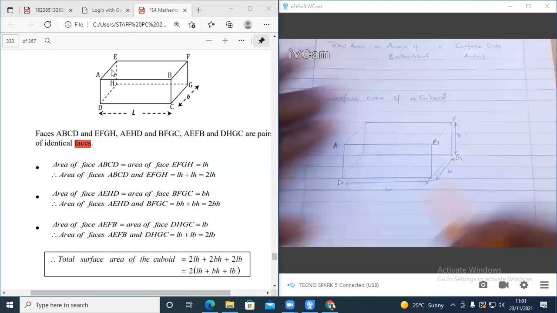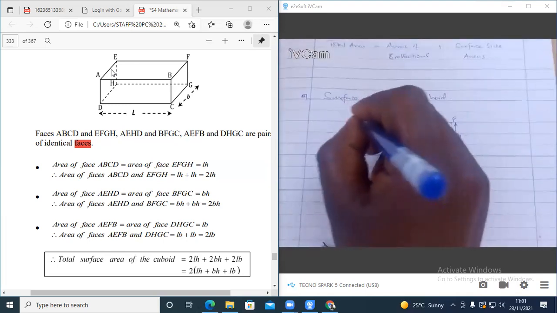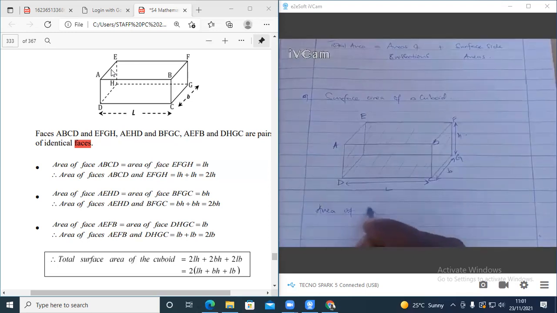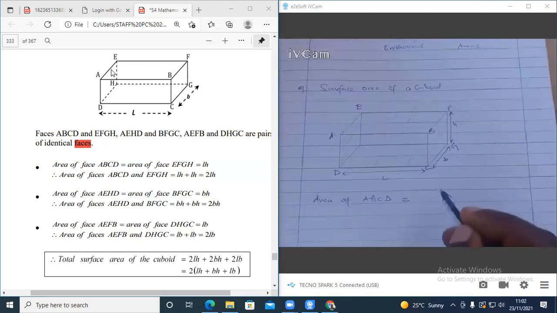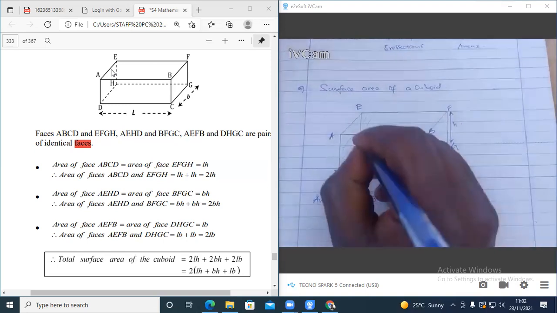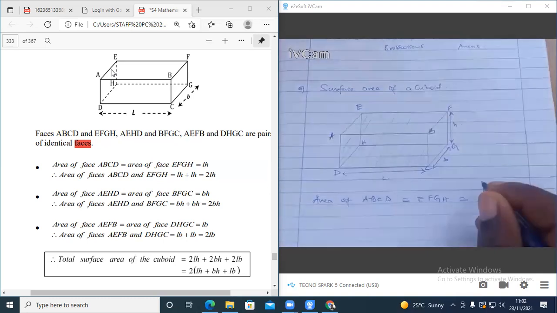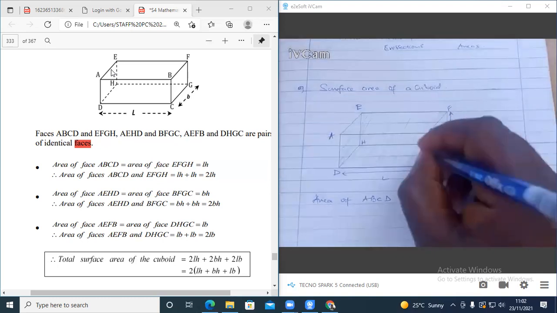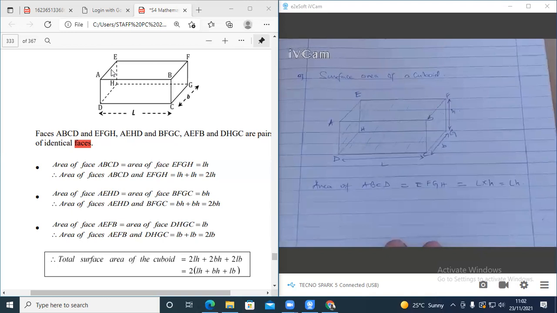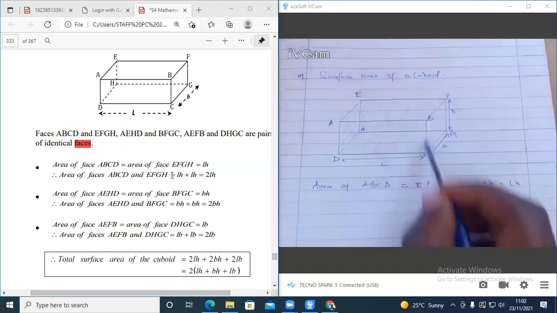So the area of A, B, C, D is equal to the area of E, F, G, H, which is equal to length times height, LH. Now the areas of the faces A, B, C, D, and E, F, G, H are going to be added together because we want the area of the 2 faces.